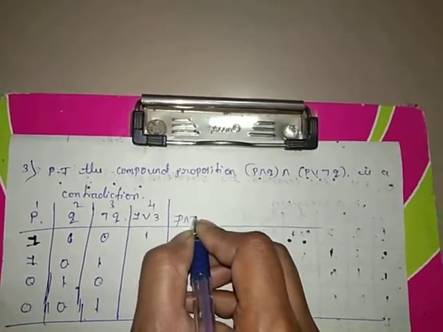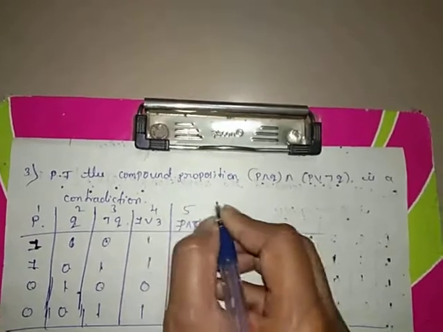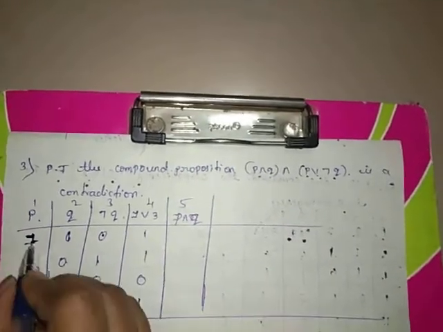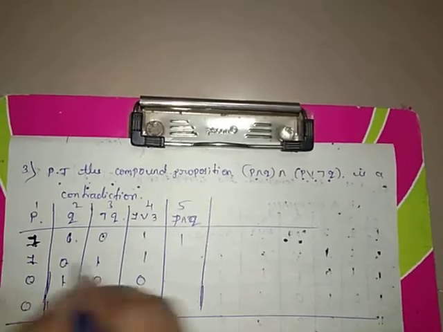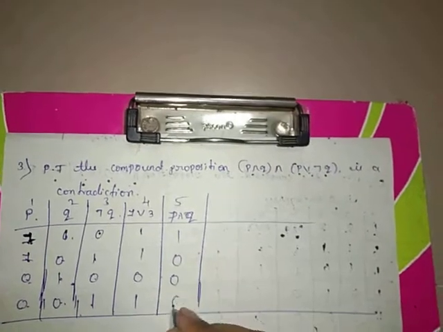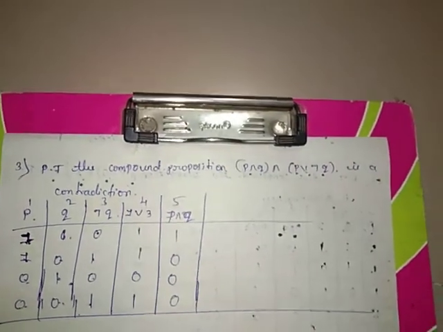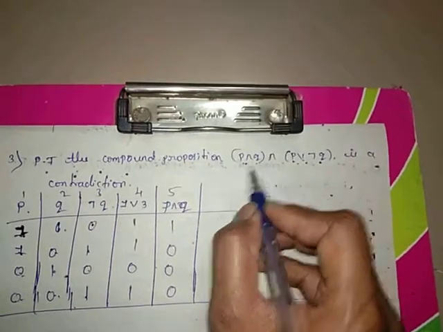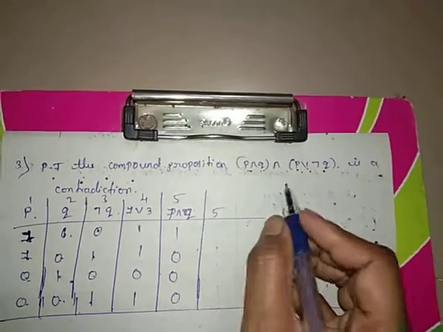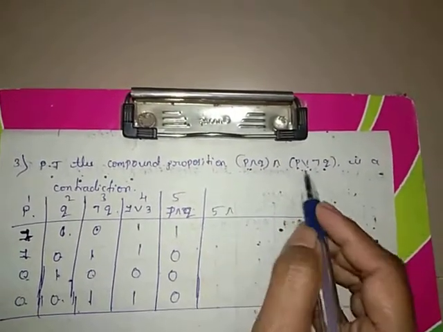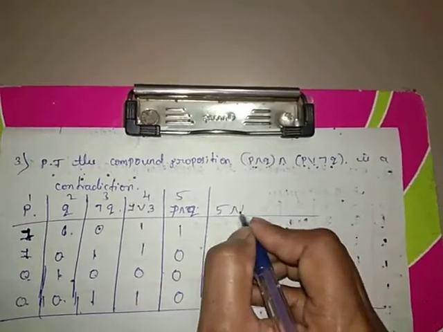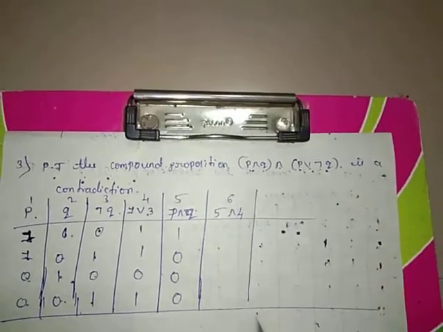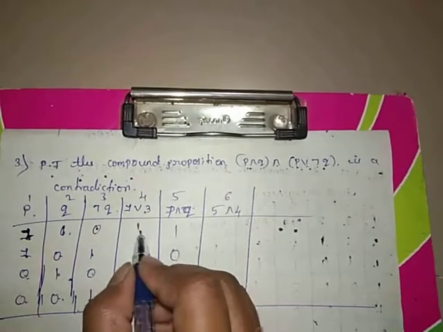You can also take P and Q directly, that is your fifth column: 1 and 1 is 1, 1 and 0 is 0, 0 and 1 is 0, 0 and 0 is 0.